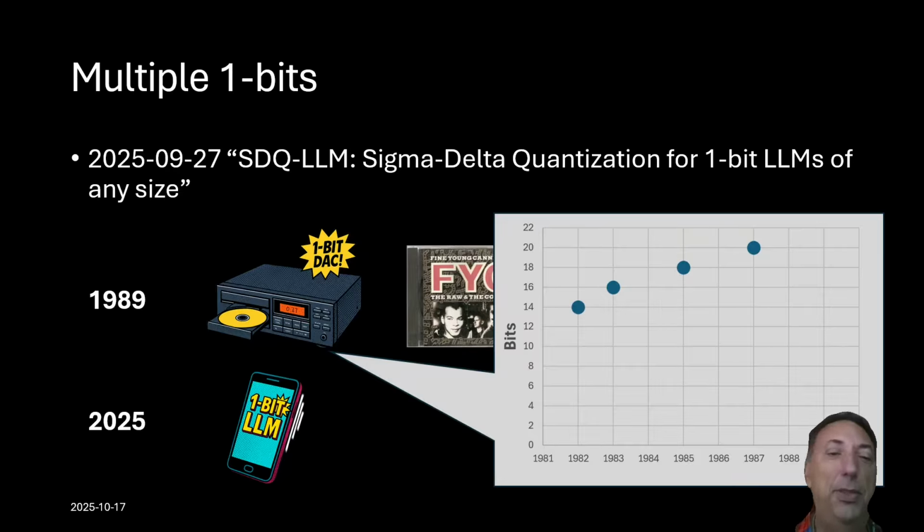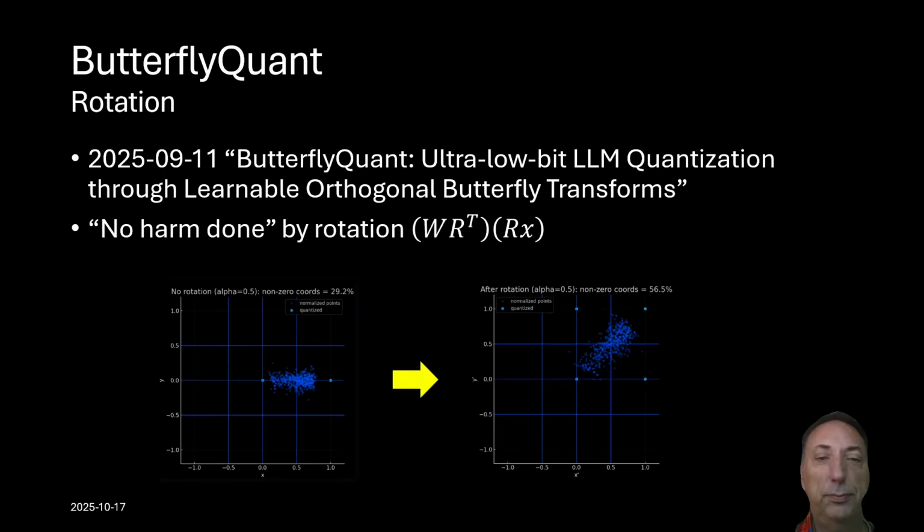And that same theory was applied to large language models. Basically, everything is 1 bit. All your weights are 1 bit each, except if you have a weight where you really need that extra accuracy, you split it into multiple 1 bits. And then those all just get added and averaged together, kind of like this sigma delta quantization from 1-bit CD players.